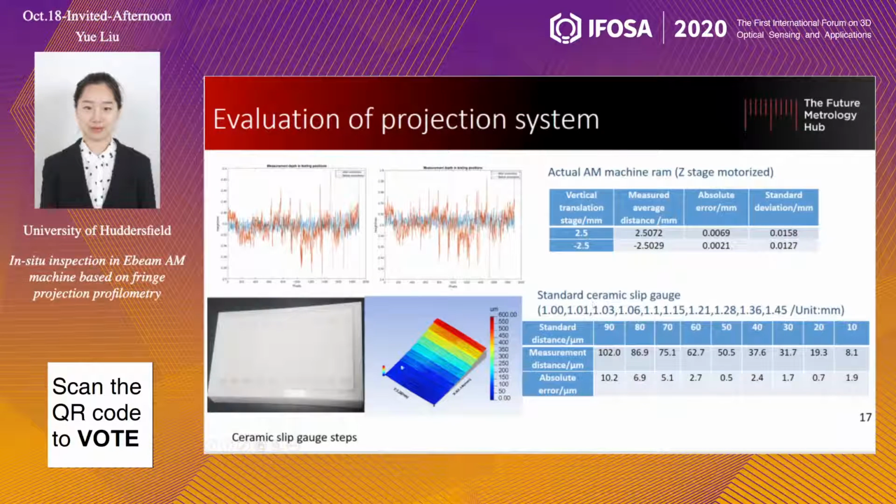And I also measured standard ceramic step gauges, which are used to evaluate the Z direction and resolution. We can see the resolution is around 20 micrometers.